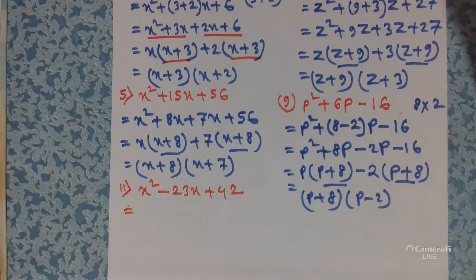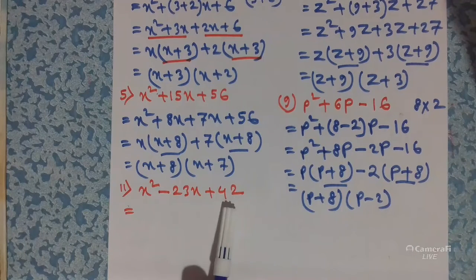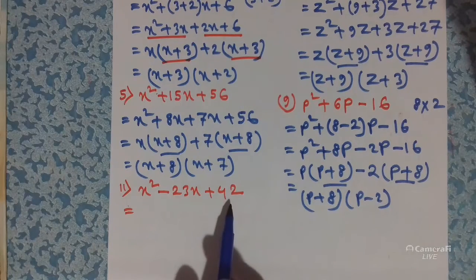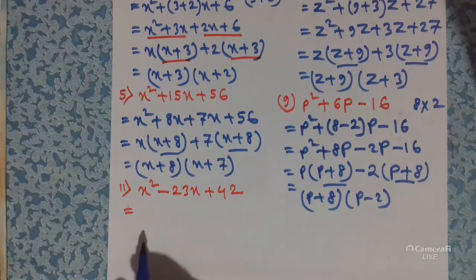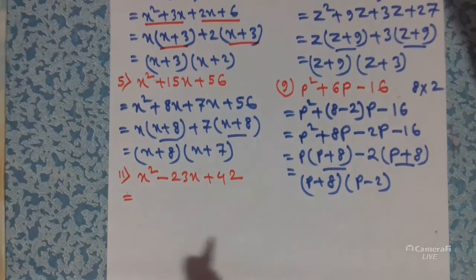So if we take 7 into 6, you can see that 7 into 6 is 42, but 7 plus 6 is 13 and 7 minus 6 is 1, 23 will not come. But if we take 21 multiply 2, 21 multiply 2 is 42 and 21 plus 2 is 23. So we can take 21 and 2.